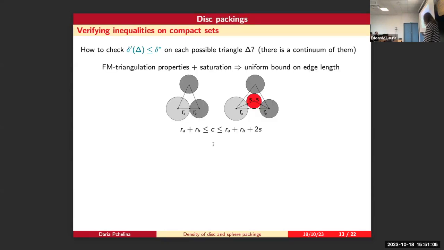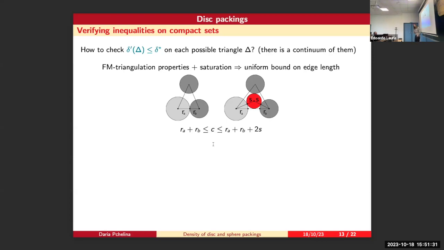It turns out not to be that bad, because this set is continuous, but it's also compact. Actually, we have a uniform bound on the length of edges of a triangle that might appear in a saturated packing, because these cannot overlap, and so an edge can never be shorter than the sum of the radii in its extremities.